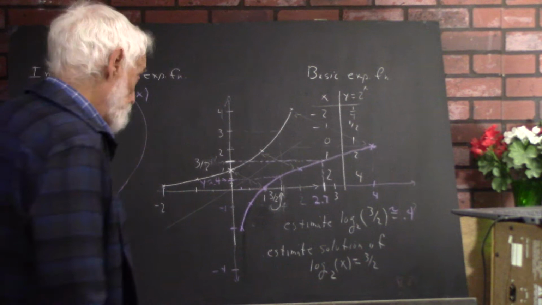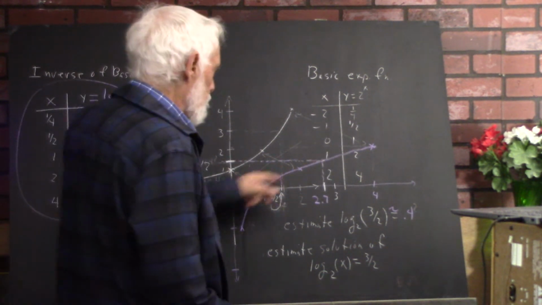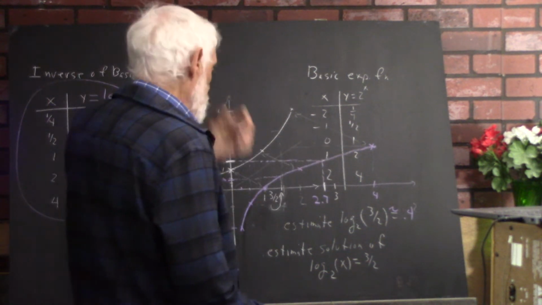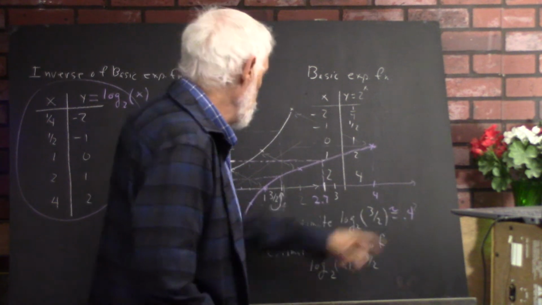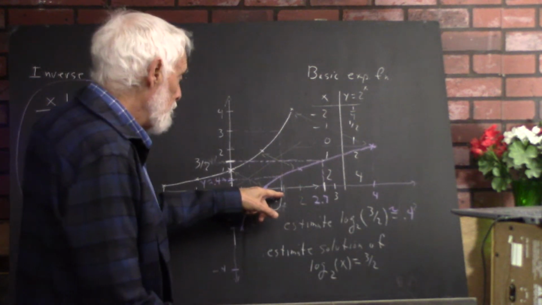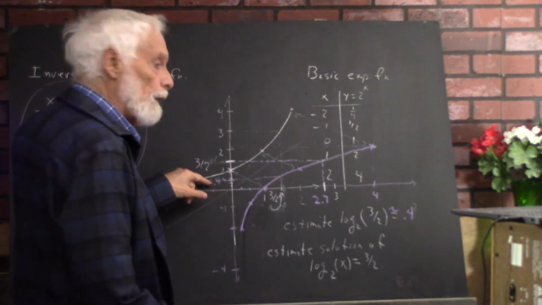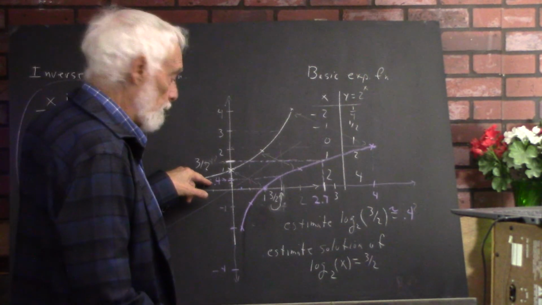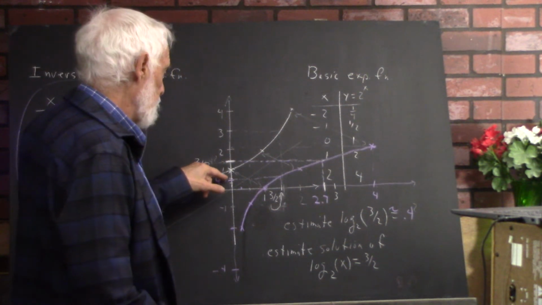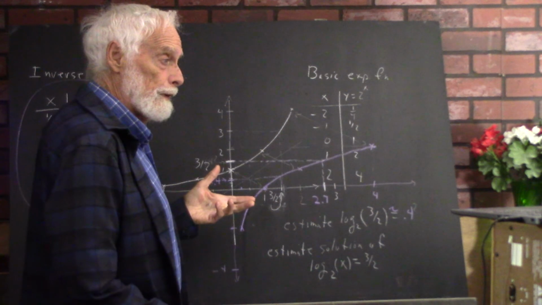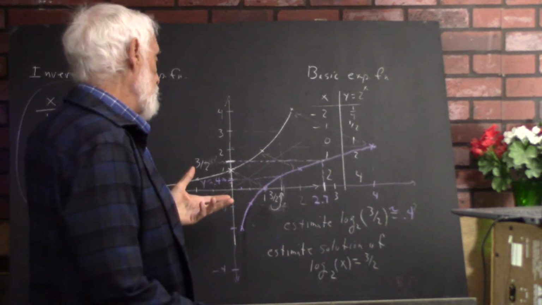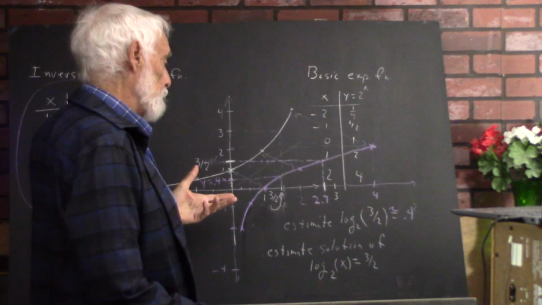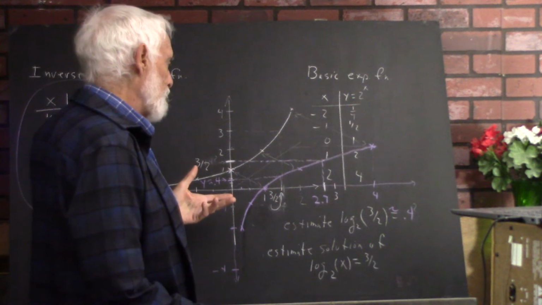Okay, so, here we've got it. And we estimate log base 2 of 3/2. Well, we locate 3/2. We come up to the curve, we come over here, and we estimate that that's about 0.4. Now somebody else estimated about 0.5. And then we had log base 2 of 3 minus 1. What would that be?